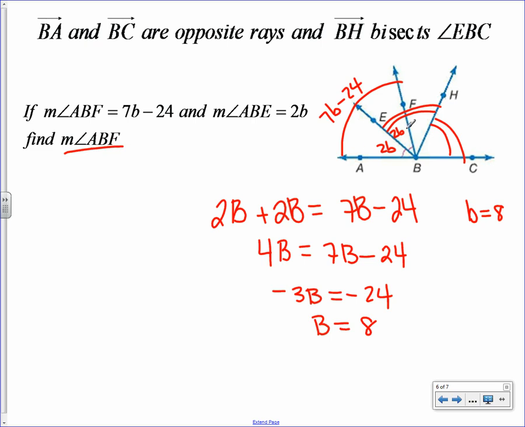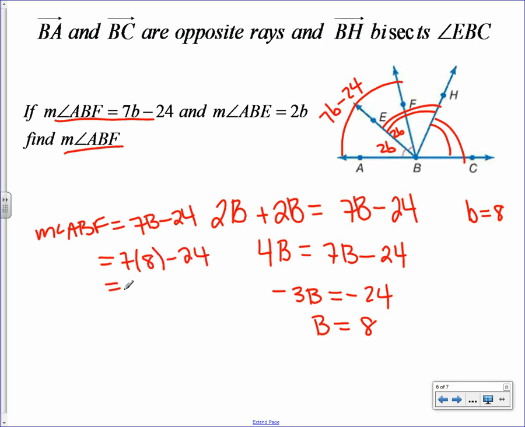So angle ABF is 7B minus 24. I can look at my picture, or I could be like, oh, just kidding, it's right there. That's what they want. So measure angle ABF equals 7B minus 24. What do I do? Substitute.